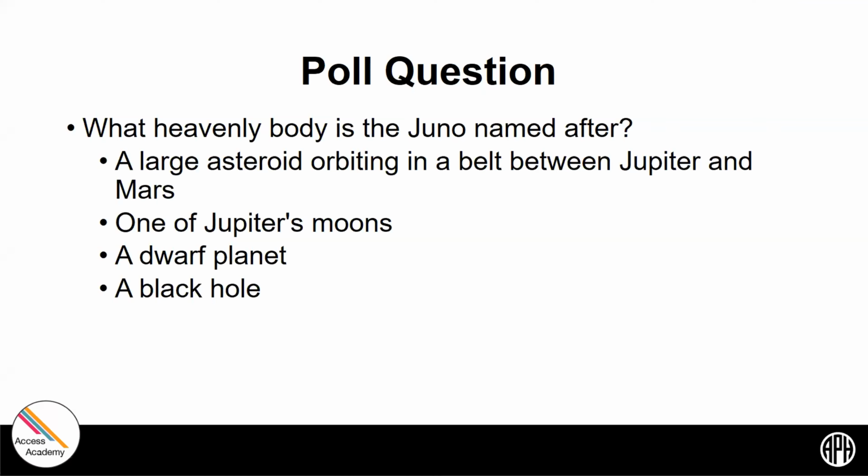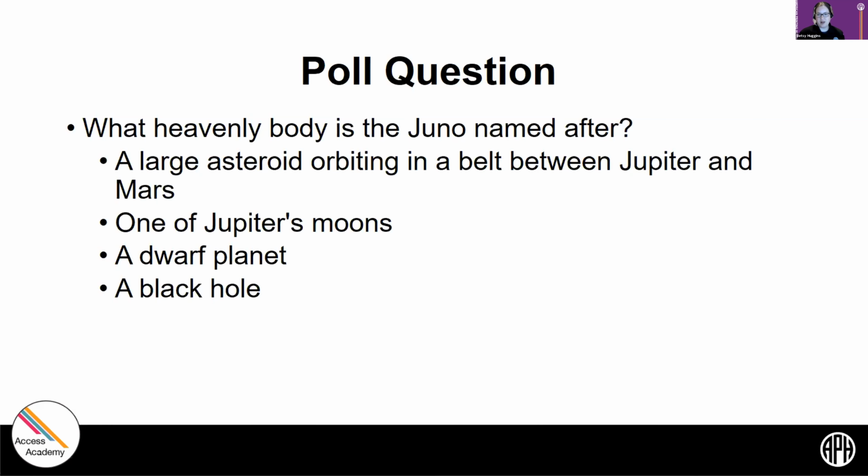Is it one of Jupiter's moons? Is it a dwarf planet? Or is it a black hole? And no, you didn't miss it. We didn't go over it. It's just a fun question. What heavenly body is Juno named after? A large asteroid orbiting in a belt between Jupiter and Mars, one of Jupiter's moons, a dwarf planet, or a black hole?